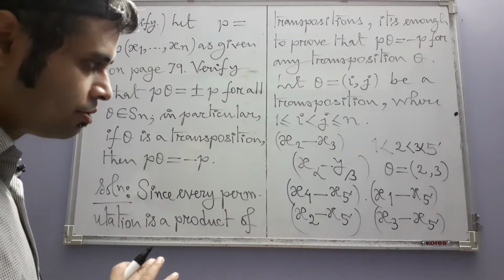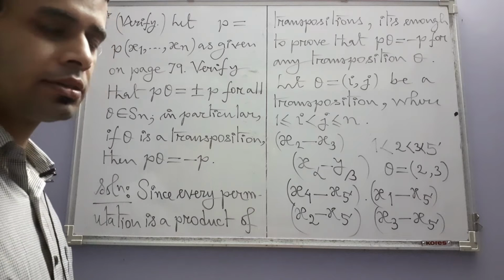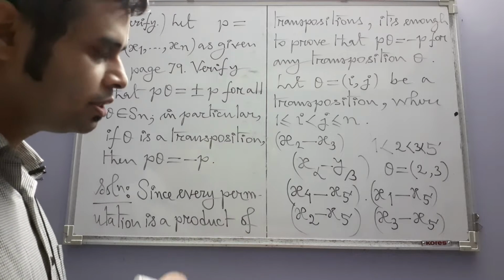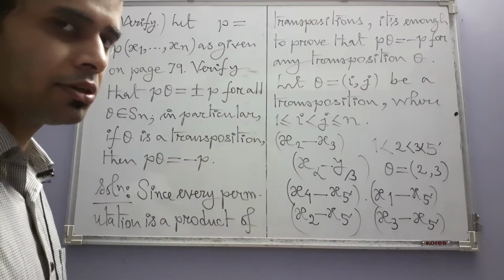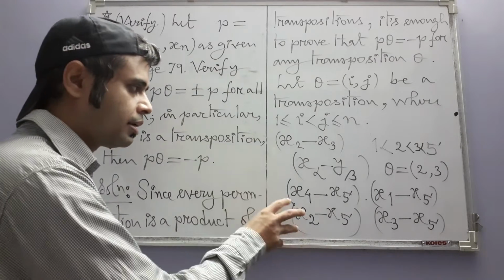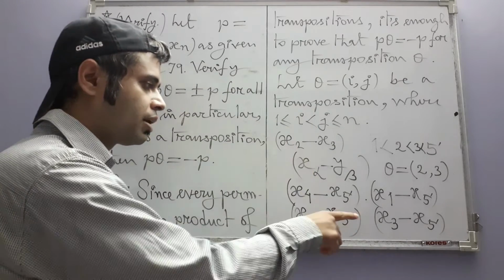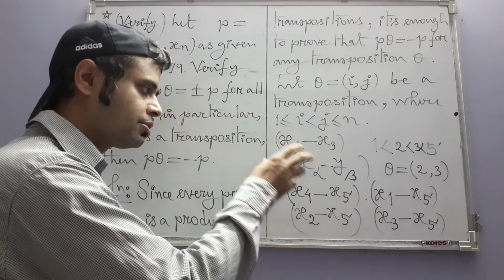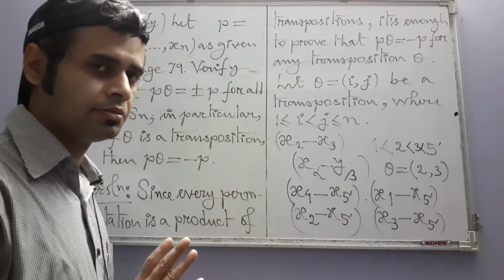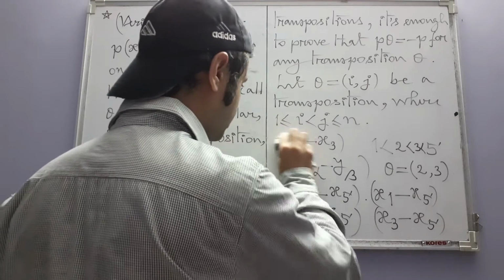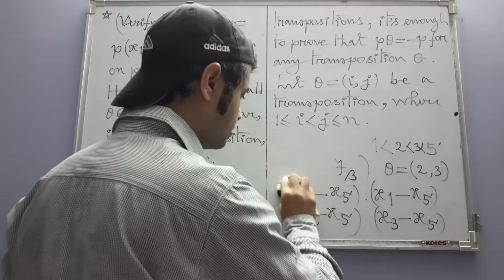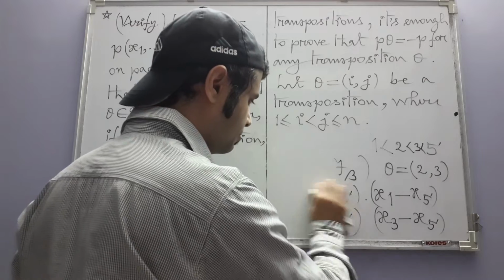So we now need to look at the types of factors that will be affected. Those which are not affected at all by theta need not be considered. They are there initially before applying theta. After applying theta also they will be there unchanged. Okay, so let us now look at the factors that will be affected.